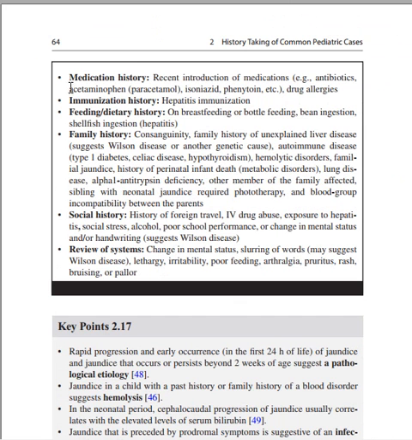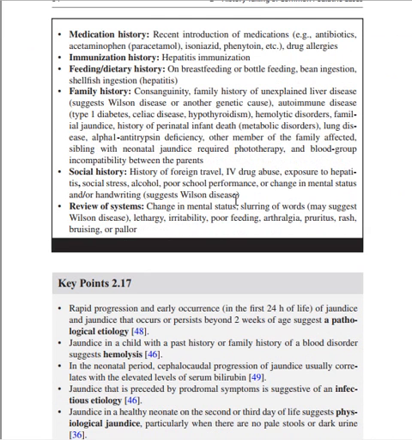We have medications such as acetaminophen, for example paracetamol, antibiotics, isoniazid, and phenytoin, all of which can result in jaundice. In the family history of jaundice, consanguinity can make you think of it. A family history of unexplained liver disease suggests Wilson's disease, hereditary hemochromatosis, or other genetic causes.